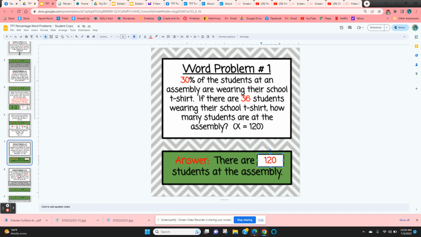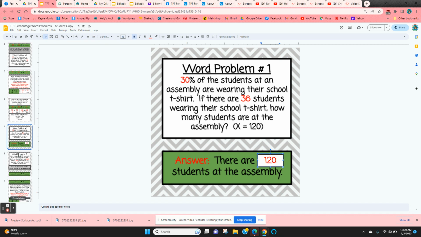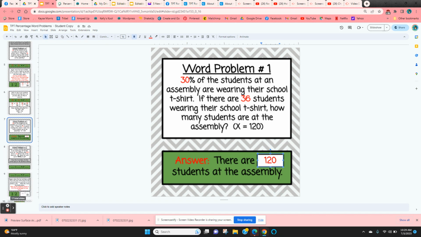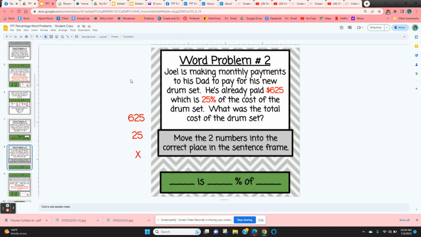All right, second word problem. And there are 5 word problems here. This one: Joel's making monthly payments to his dad to pay for his new drum set. He's already paid $625, which is 25% of the cost. What's the total cost of the drum set? We've got the numbers in the word problem, which are 625 and 25, and then X for the unknown.